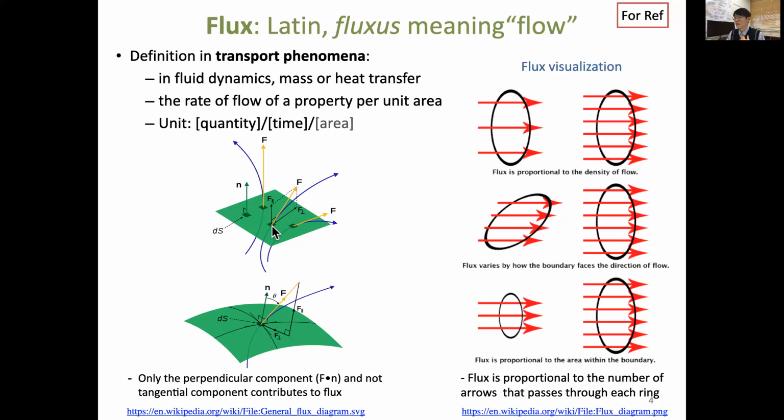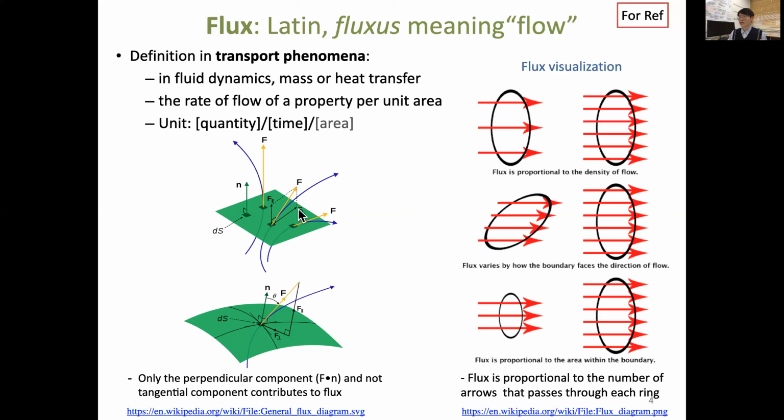Then at this surface, the original vector F, represented as a yellow one, we can decompose into a perpendicular component and a tangential component. Think about this tangential component, which is parallel to the surface, so it never passes through the surface. So this component doesn't matter in terms of flux.